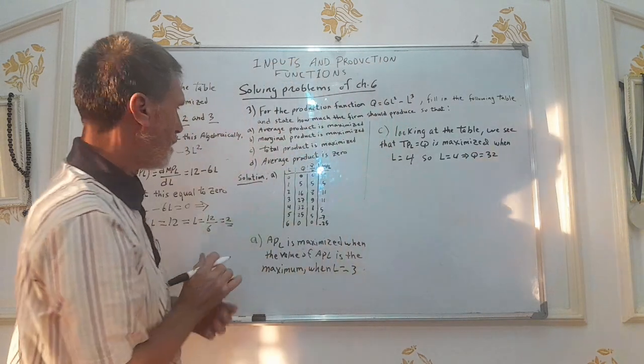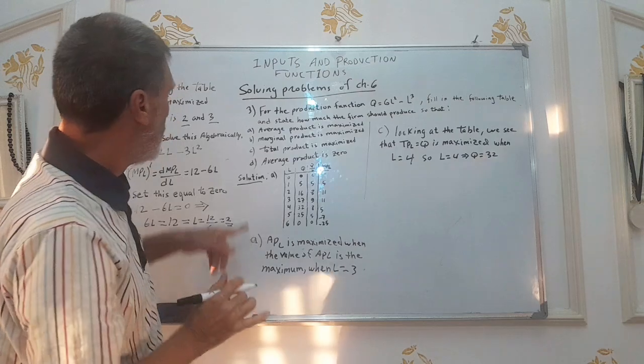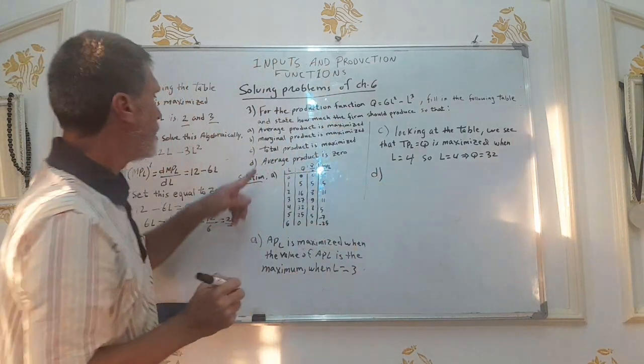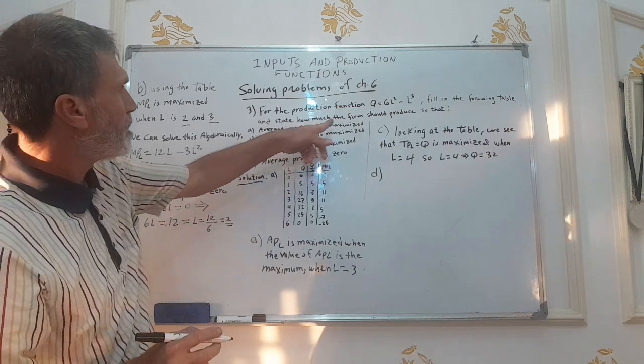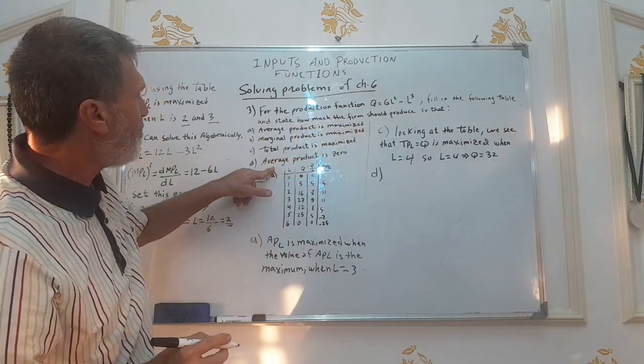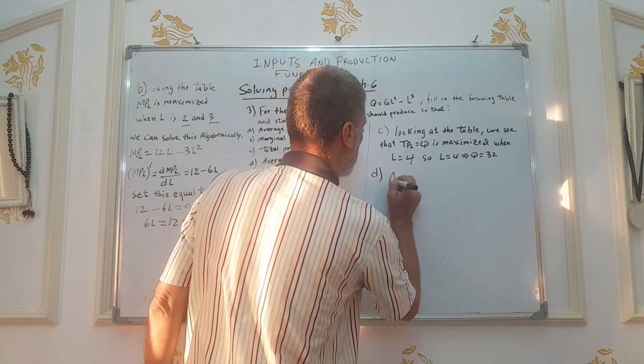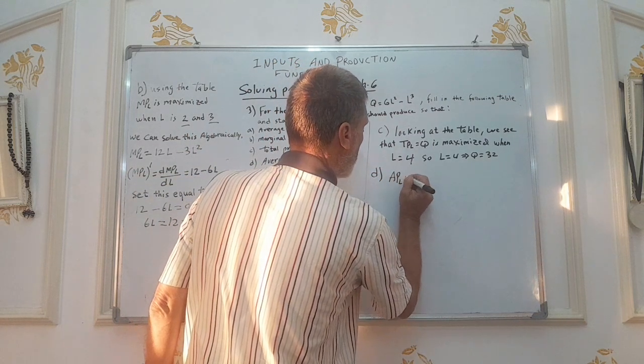Now, part D says how much the firm should produce so that average product is 0. Average product of labor equals 0.